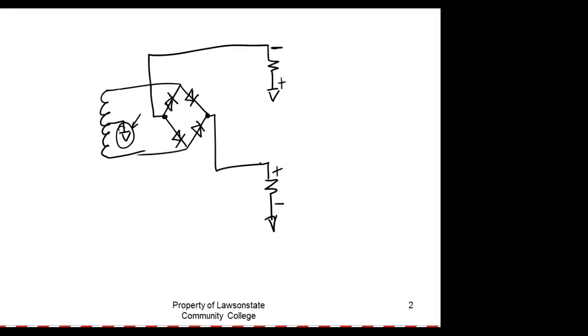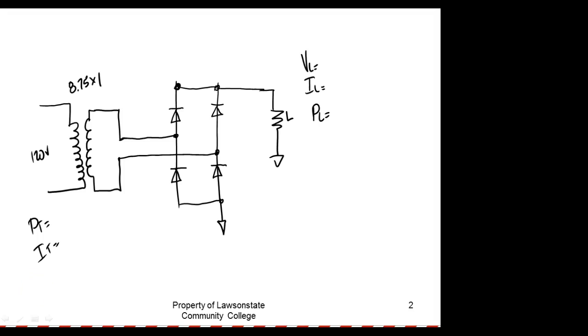So let's calculate first of all what circuit we actually have. I'll draw it up here. We're solving for this guy right here. We have a transformer with an 8.75 to 1 ratio, with 120 volts applied.